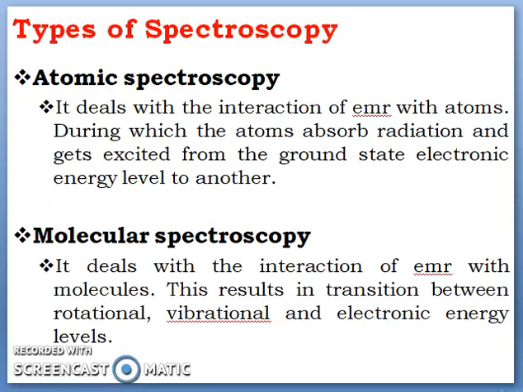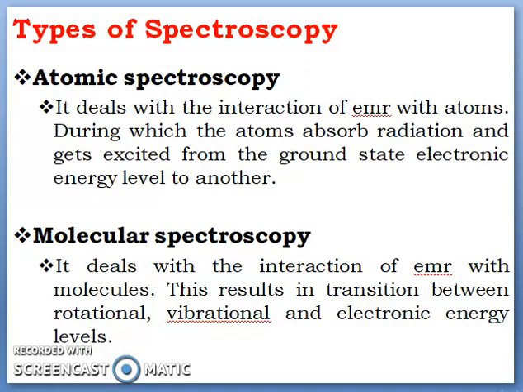Spectroscopy is classified into two based on the interaction of electromagnetic radiation with matter. If the interaction of electromagnetic radiation is with an atom, then it is called atomic spectroscopy.